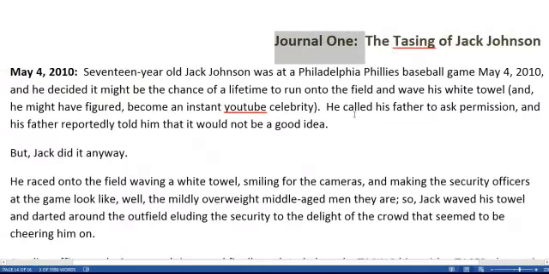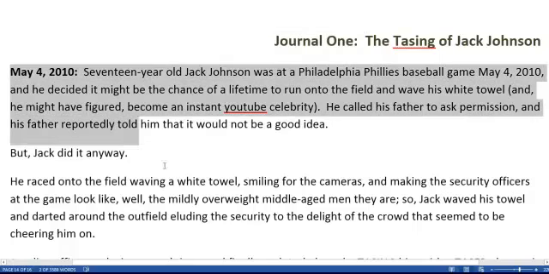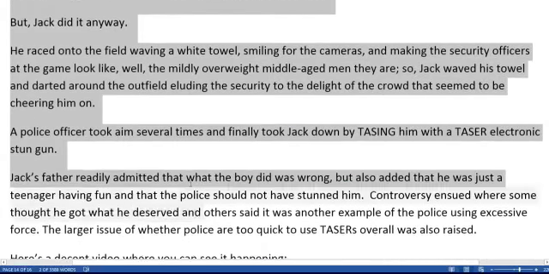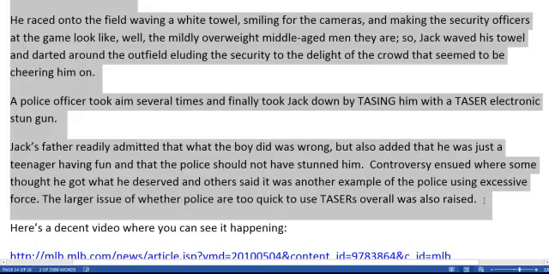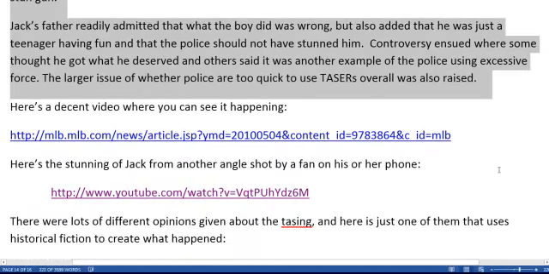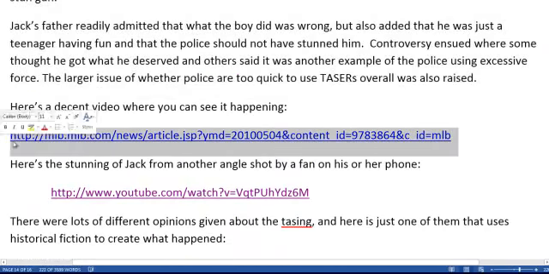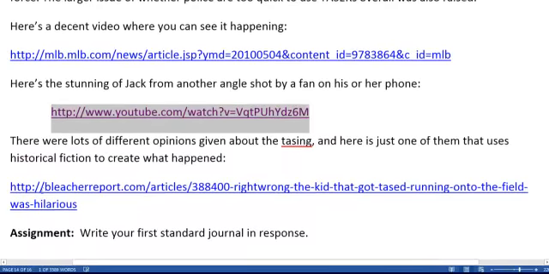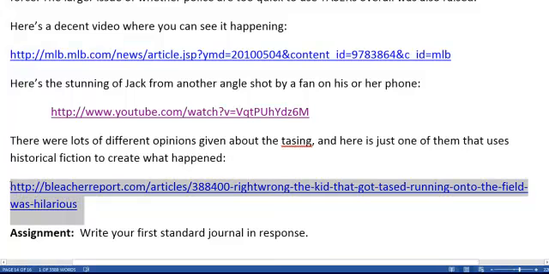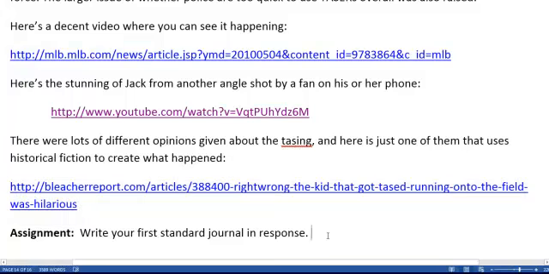So the first journal they get, they go on Cobra, this will pop up, and the journal gives some background information. Usually my first journal is just trying to give background information. It will usually include links to articles, in this case an article, and videos that relate to the particular topic.